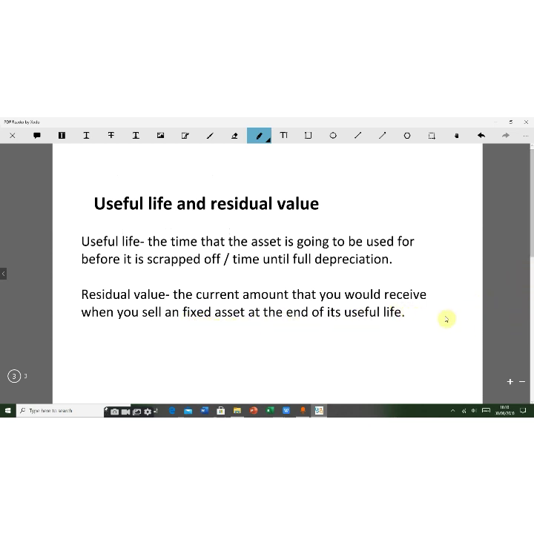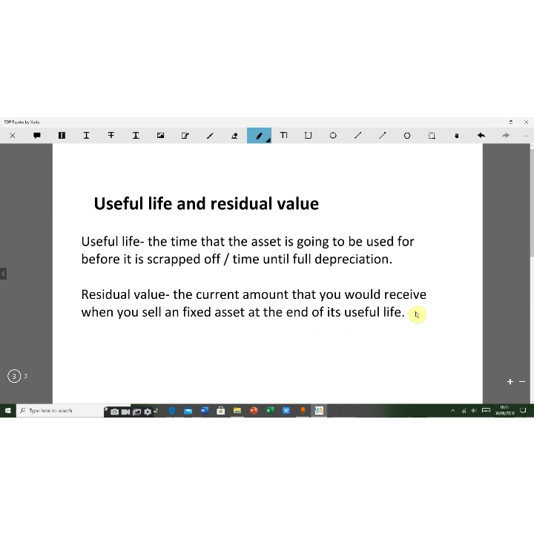After that 5 years, when the useful life has depleted, when the vehicle has fully depreciated, how much are you going to sell the vehicle for? That is the residual value, the current amount that you will receive when you sell a fixed asset at the end of its useful life.